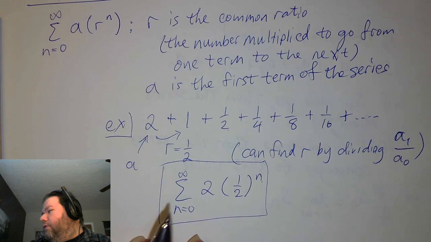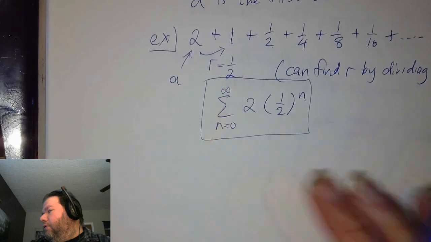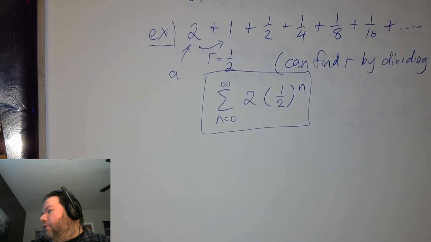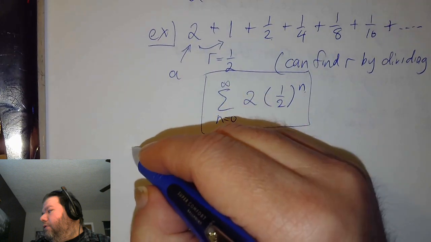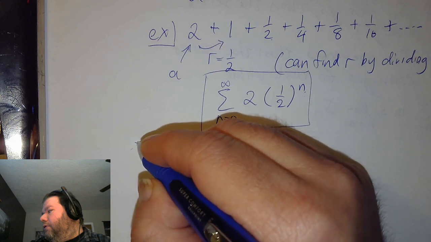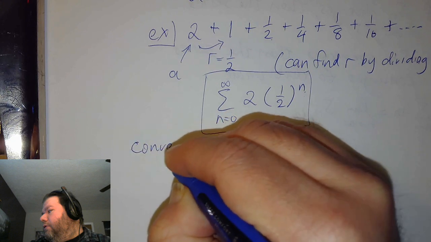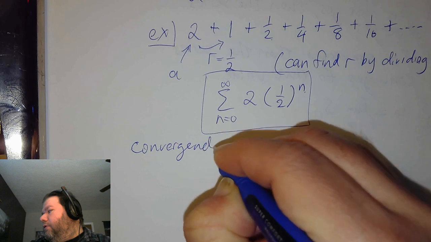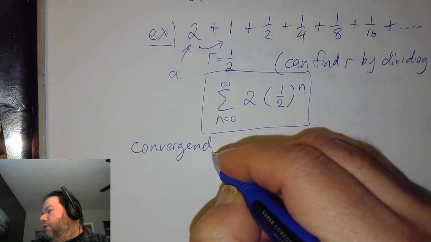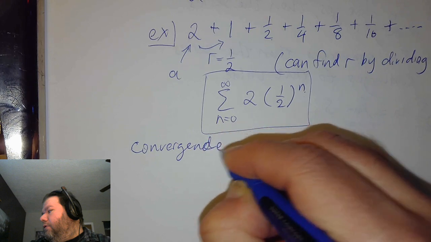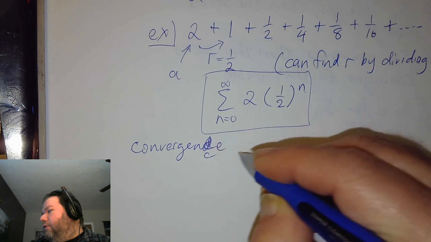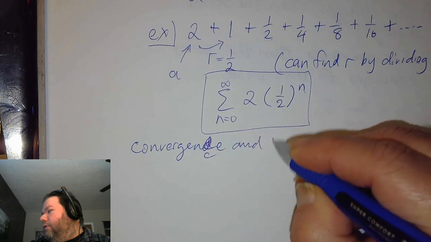Okay, now with geometric series, convergence and divergence is actually pretty easy. Convergence, this should be a C, sorry, and divergence of a geometric series.